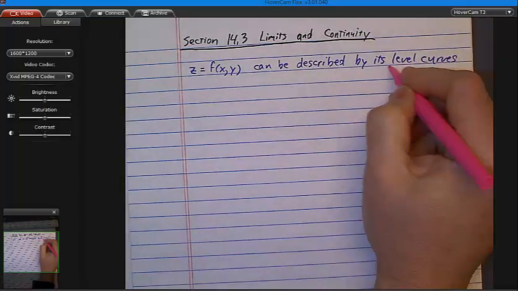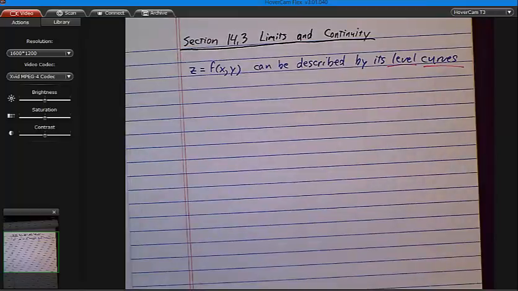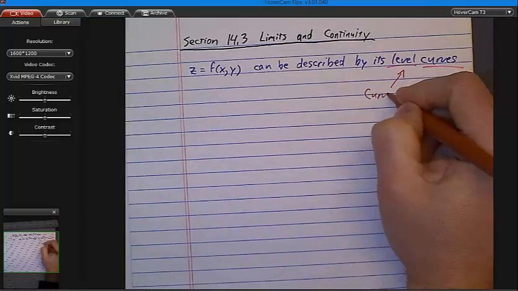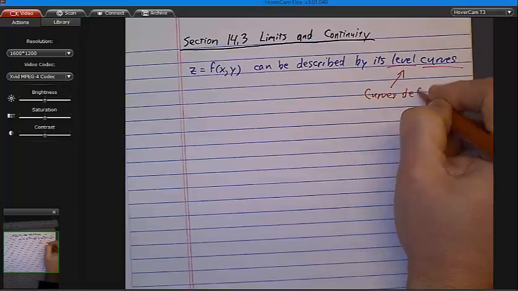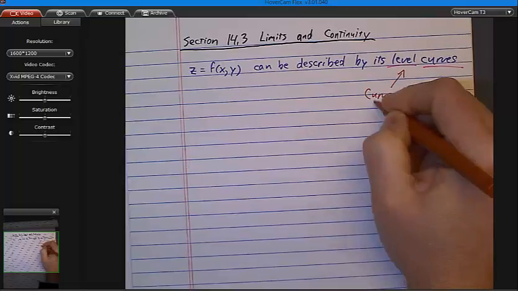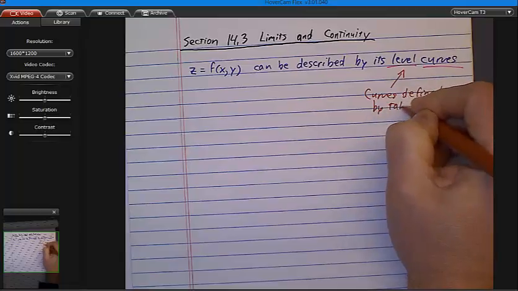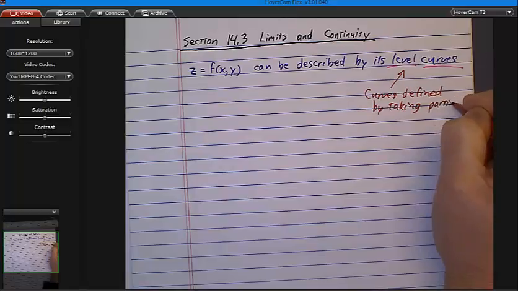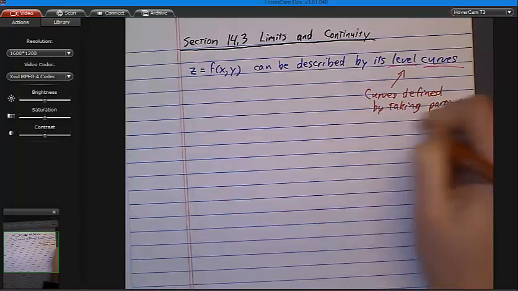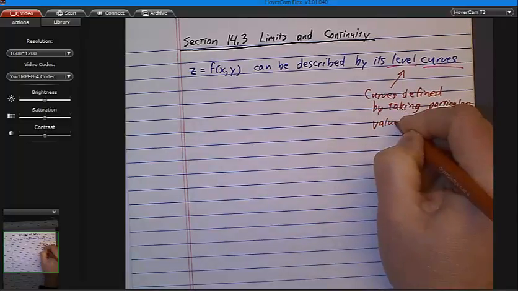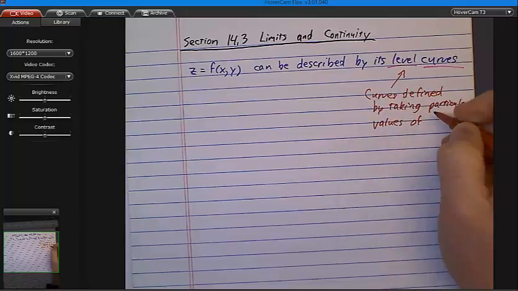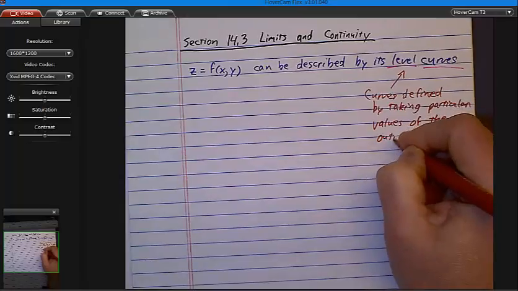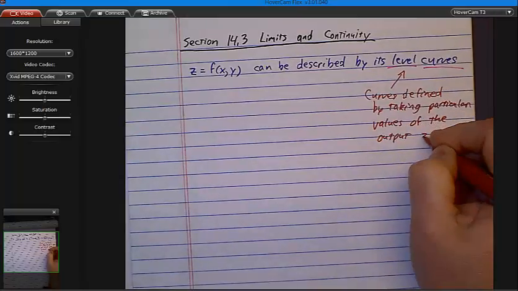These are curves defined by taking particular values of the output z.